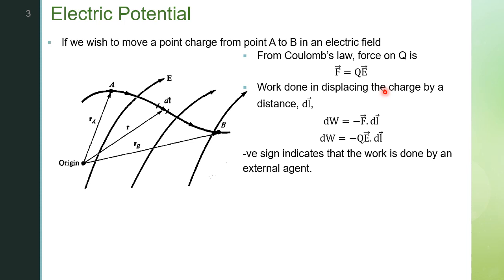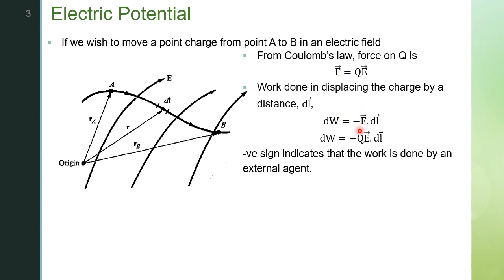Now we know that work done is same as force into displacement. So we are taking a small displacement dl along the path from A to B. We are not taking the entire length in the beginning, we are taking a small segment dl along the path A to B. So the differential work done in moving the charge over a small distance dl is force into distance.